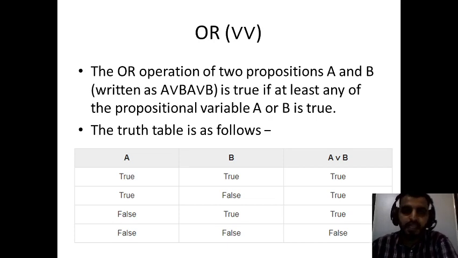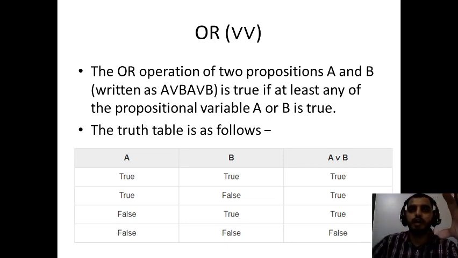Now, I'll give you a small example. You went to a grocery shop to buy a particular thing. You went to buy a Dairy Milk chocolate, for example, but the shopkeeper said, I don't have Dairy Milk, but I have Cadbury 5-star chocolate.